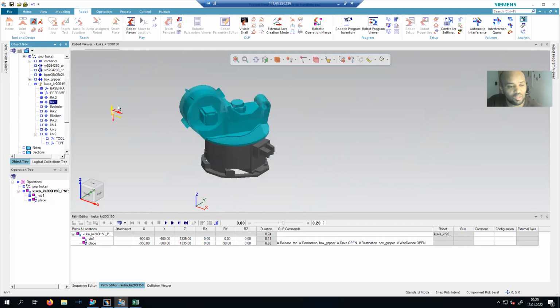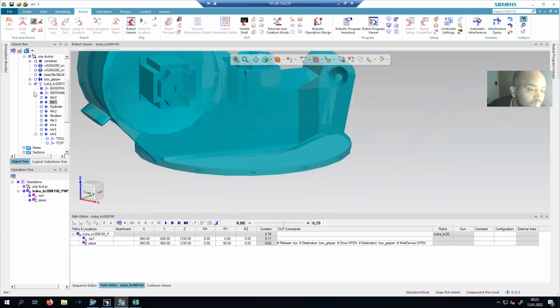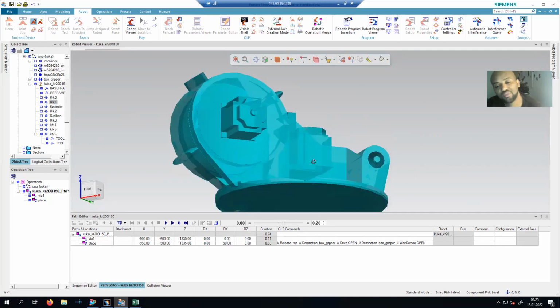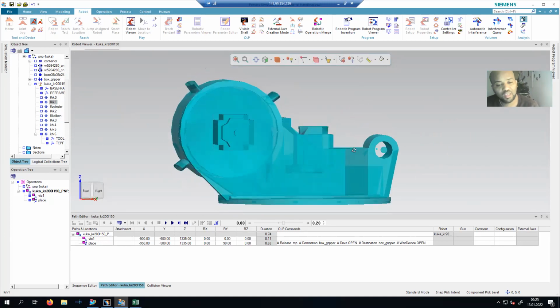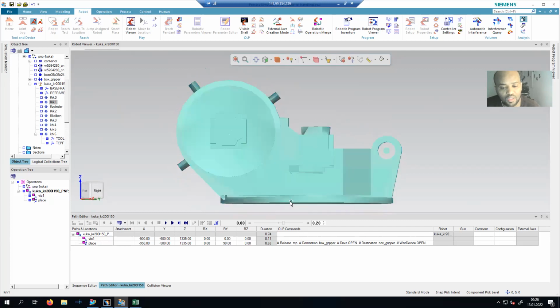This component is this component. For this component, what do you have? You have link lengths from this center to this center.